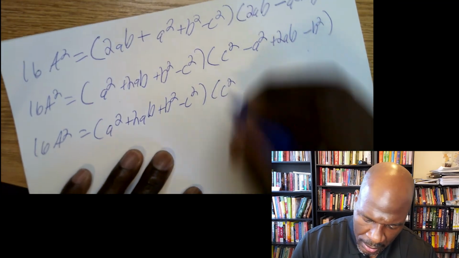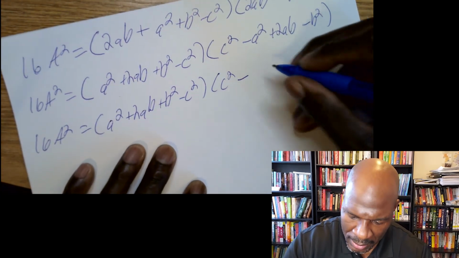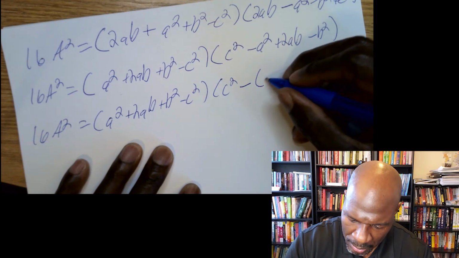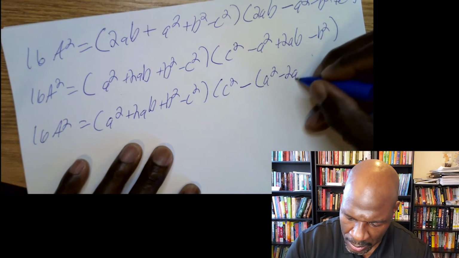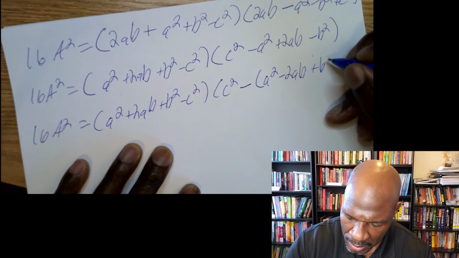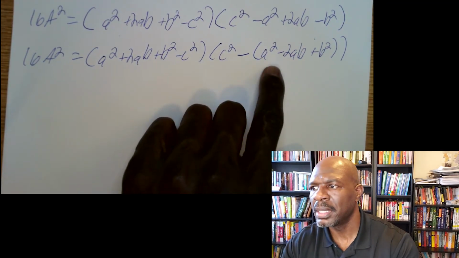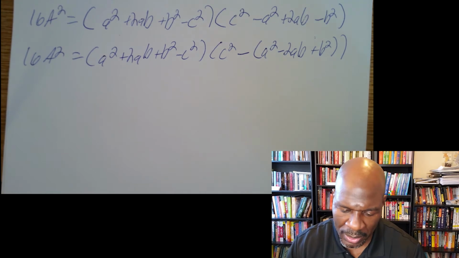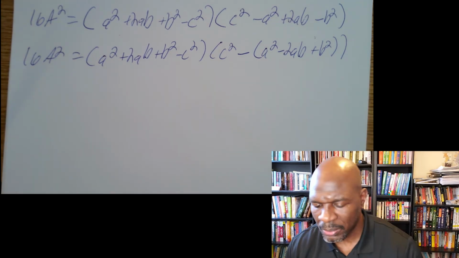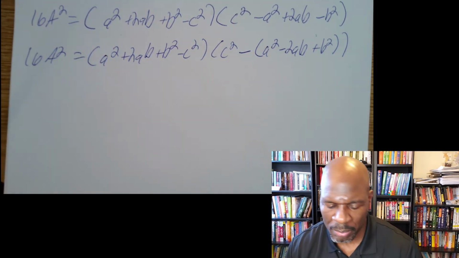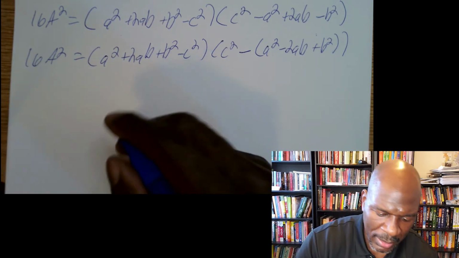So c squared minus, this would be a squared minus 2ab plus b squared. And so this is a minus b squared, a plus b squared, a minus b squared. So let me write it as such.